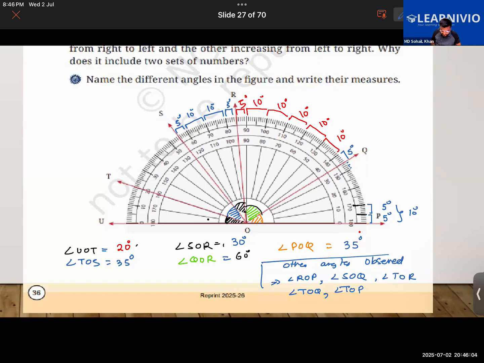Angle TOP, very good. Now we will move to the next one. So that is angle UOS, then there can be angle UOR also, UOQ, and UOP as well. So let's name that also. Angle UOS, then after that angle UOR, angle UOQ, and then angle UOP. So there are many angles given in this figure which we have observed here, right?